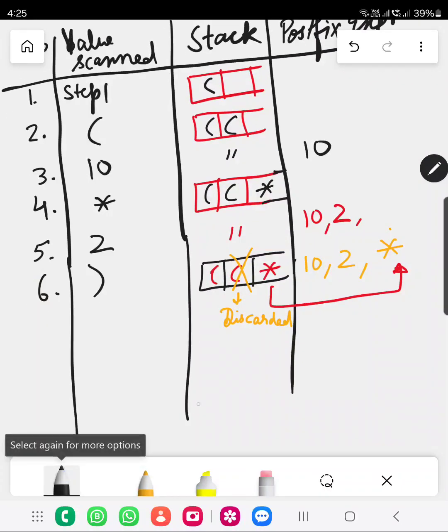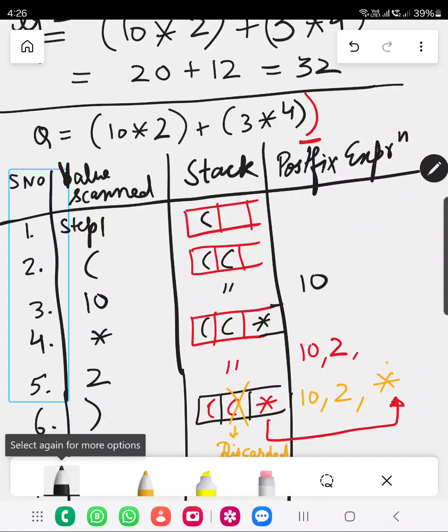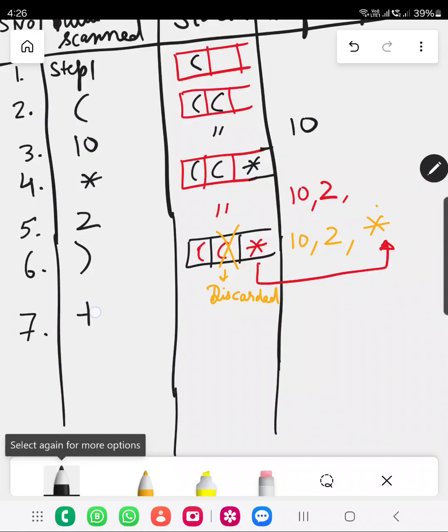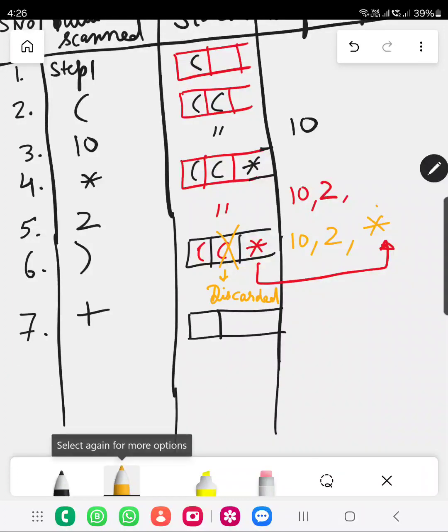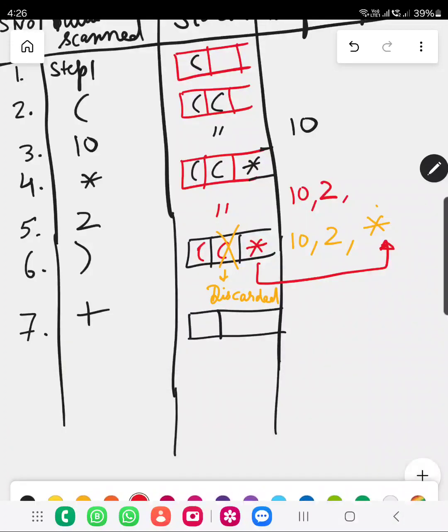Now after this we have plus. So plus is again an operator, so that would be added to the stack. So we have this and we have plus.